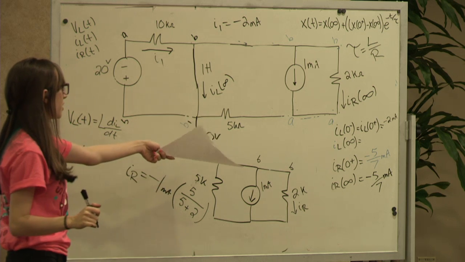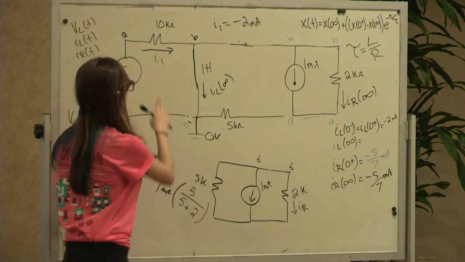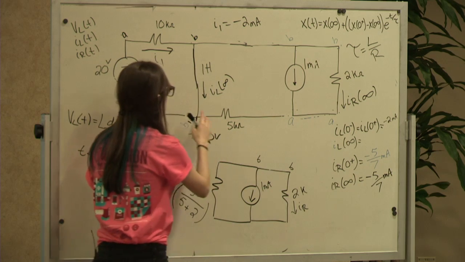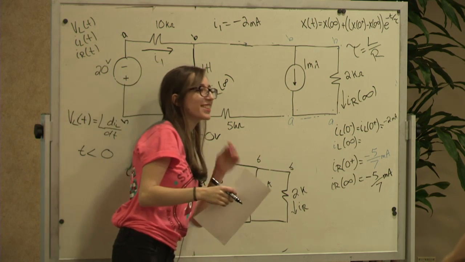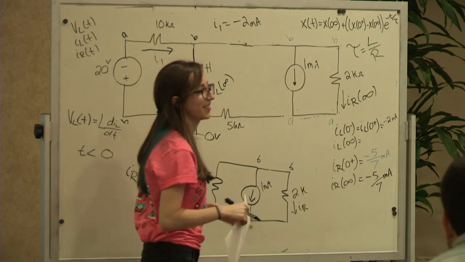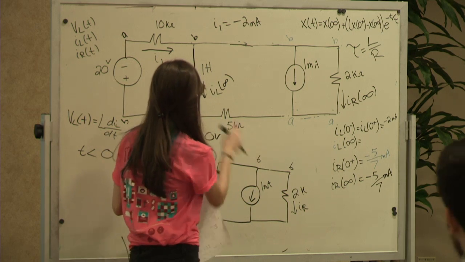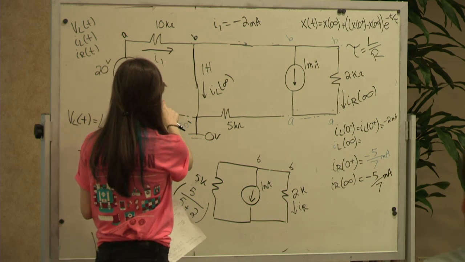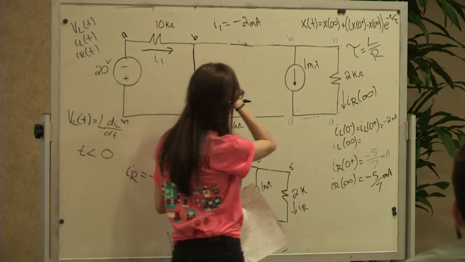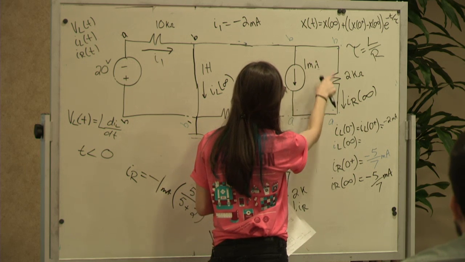So now we have to find IL of infinity, which is over here. So we know this current, we know this current. How can I find IL of infinity? Any mesh? You say mesh? That would take forever. Like you mean a mesh here, mesh here, mesh here? Let's see. Well, I know this is a known. This is a known.